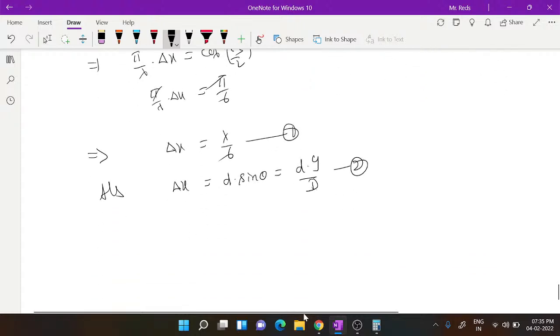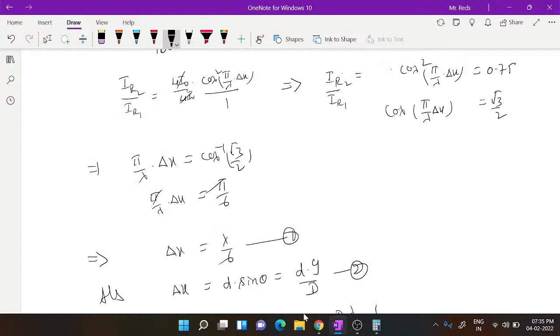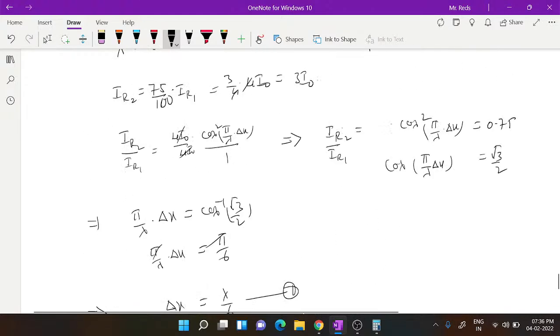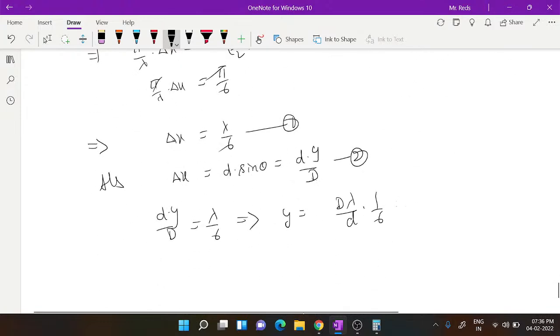From 1 and 2, d into y by D is equal to lambda by 6. So y is equal to D lambda by d into 1 by 6. Here small d, capital D, lambda, everything is given. Substitute the values, then you will get the answer.